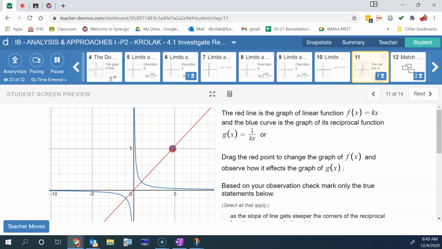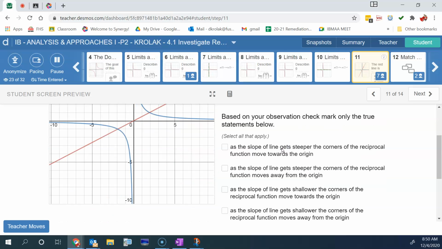When I make the slope shallower, the blue graph is getting vertically stretched. So this would be a vertical stretch, and this would be a vertical squeeze. The corners are getting closer to the origin.